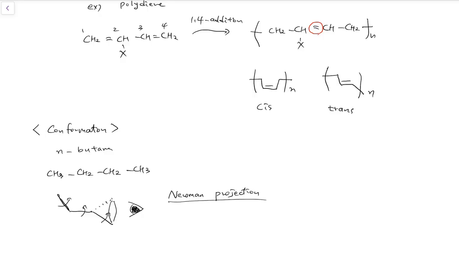Depending on the overlap of different carbons, they could have different overall potential energy. The details will be covered later. So overall, polymeric structures have configuration, which cannot be interchanged without breaking the chemical bond, and also conformation.